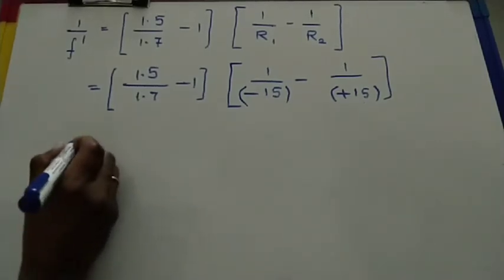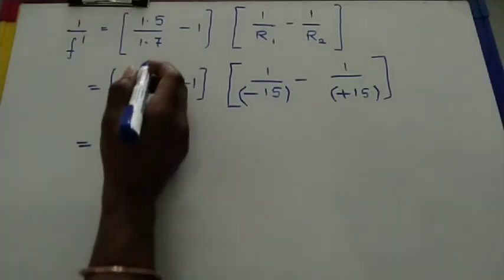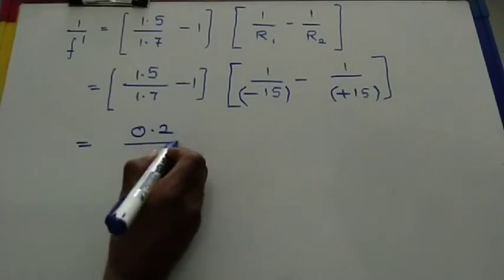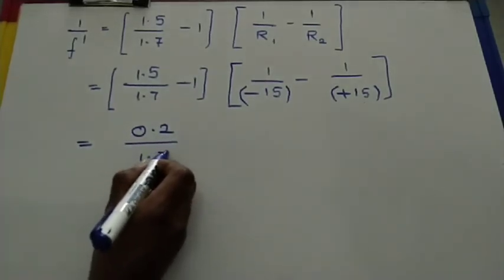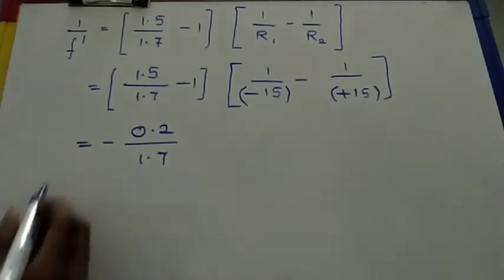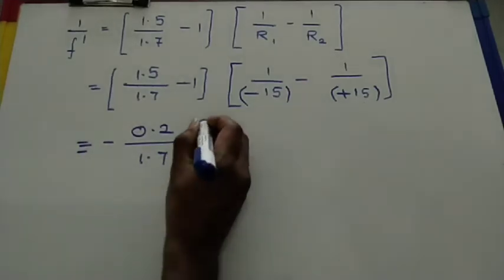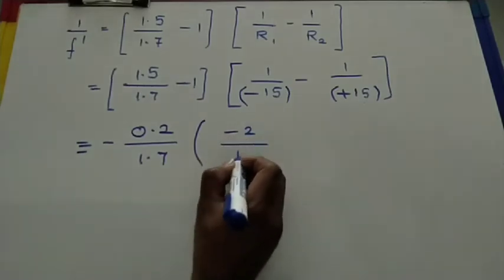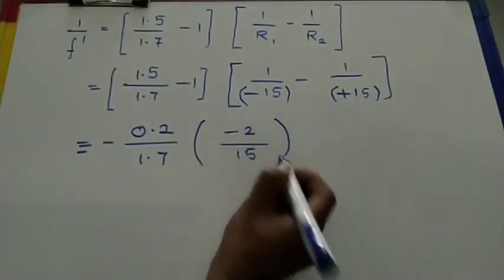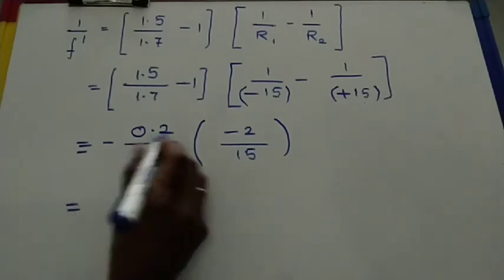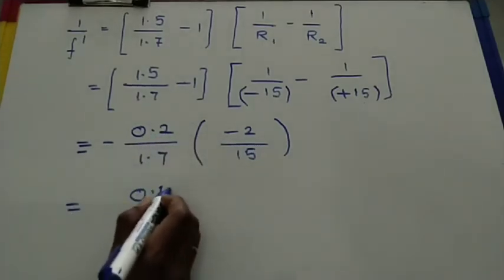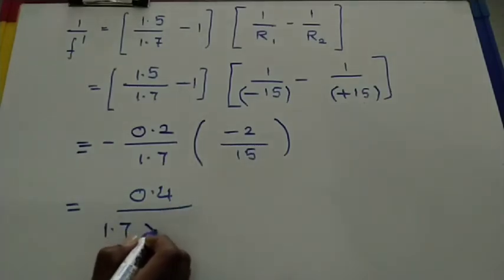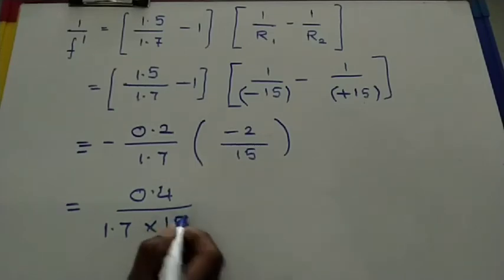Therefore, that is equal to how much? 0.2 by 1.7 minus 1, into minus 2 by 15. That is equal to 0.4 whole by 1.7 into 15.